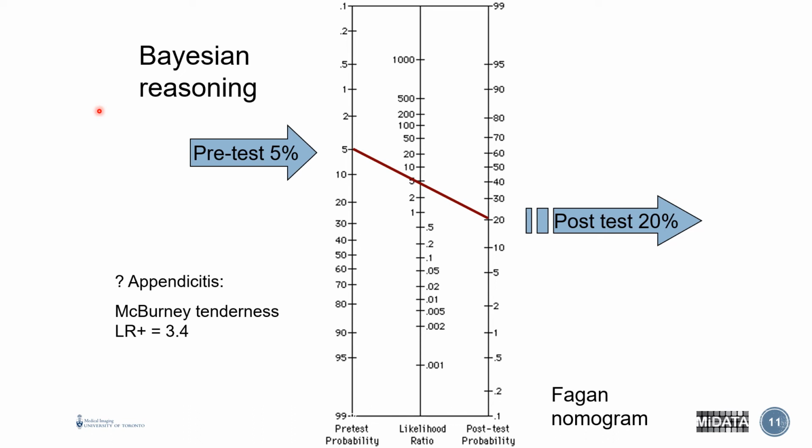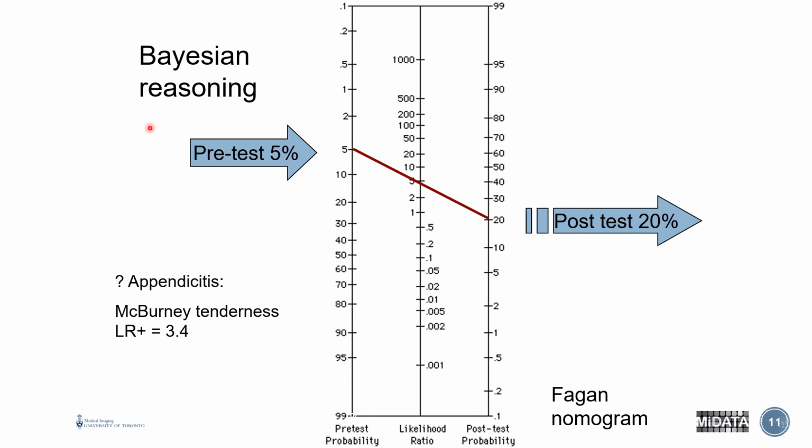Now, interestingly, if you don't have the pre-test odds and you only have the pre-test probability, which for instance could be the prevalence of the disease in your population, well, the pre-test odds is going to be equal to the pre-test probability divided by 1 minus the pre-test probability.